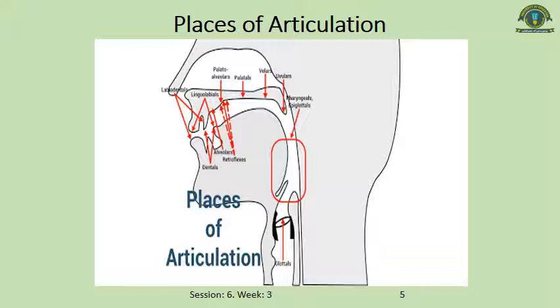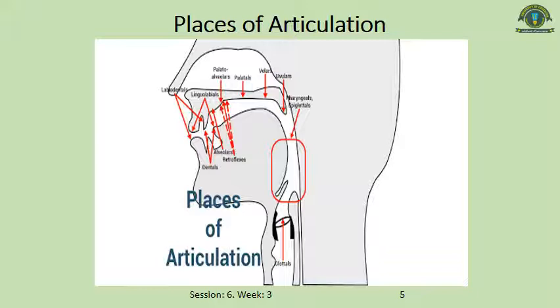Now here in front of you, the places of articulation. See the first arrow in red, at the bottom of this diagram. What is the place? Can you mention it? Yes, try to say it. Yes, exactly. The voice box, the vocal folds, the vocal bands, the larynx.